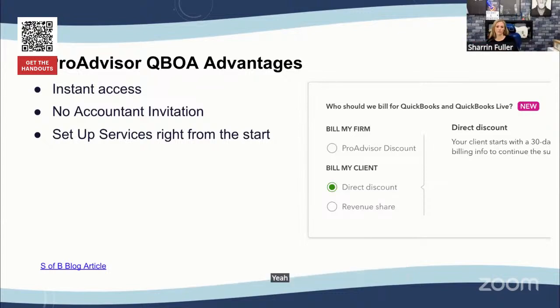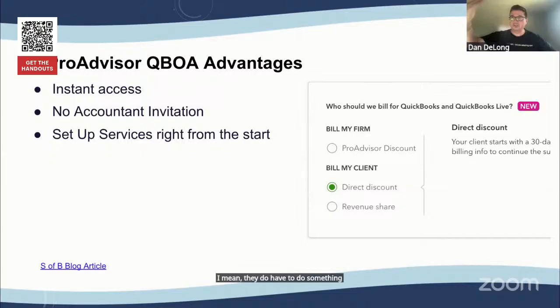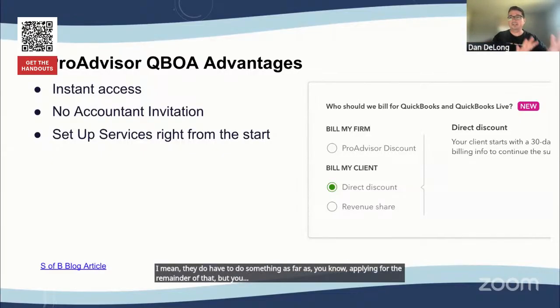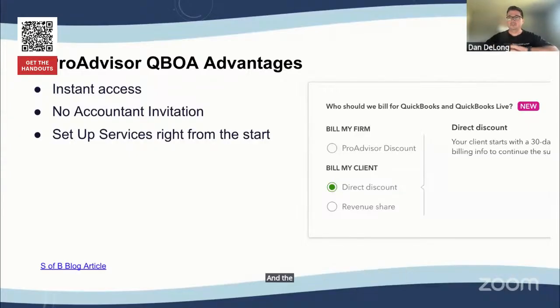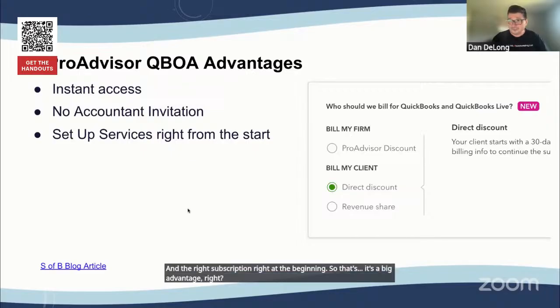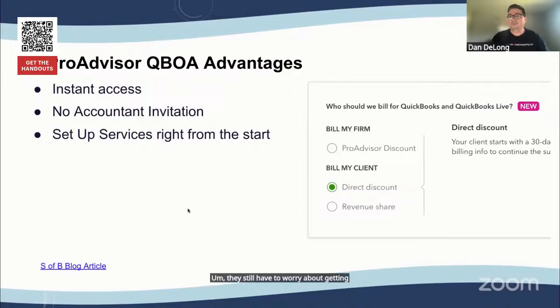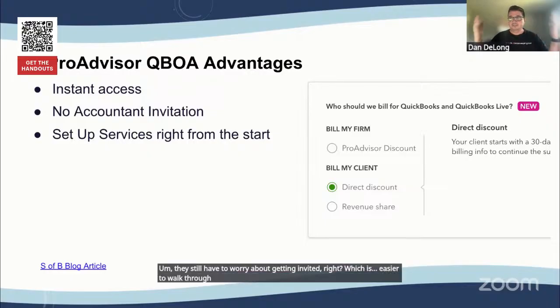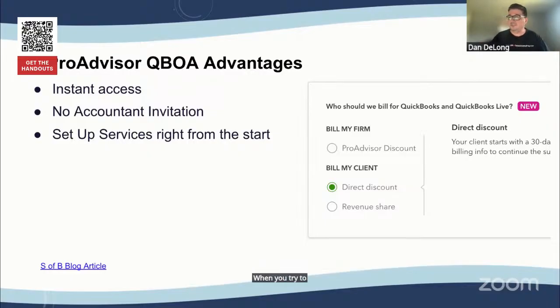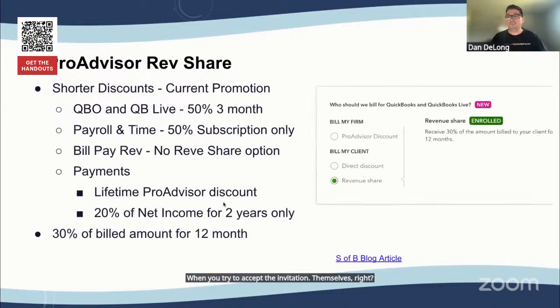Well, they do have to do something as far as applying for the remainder of that, but you establish the right price and the right subscription right at the beginning. So it's a big advantage, right? They still have to worry about getting invited, which is easier to walk through than when they try to accept the invitation themselves, and it doesn't go through.